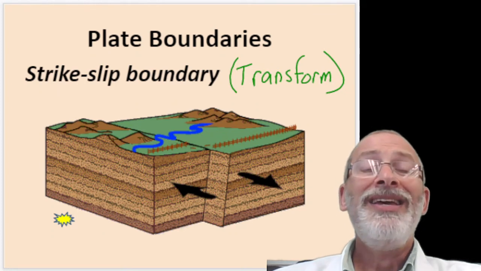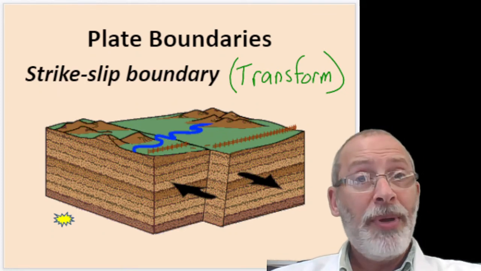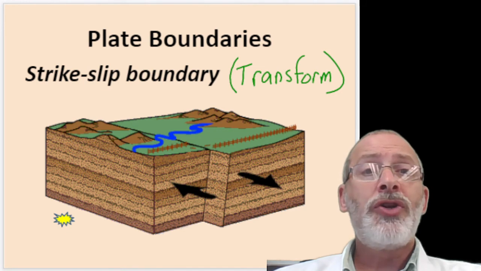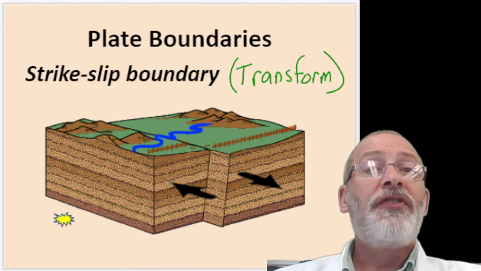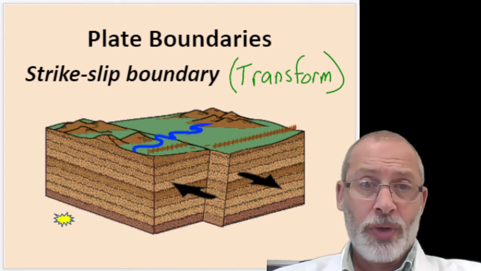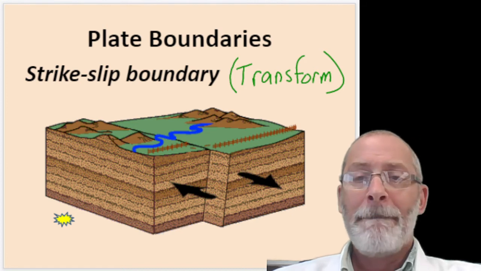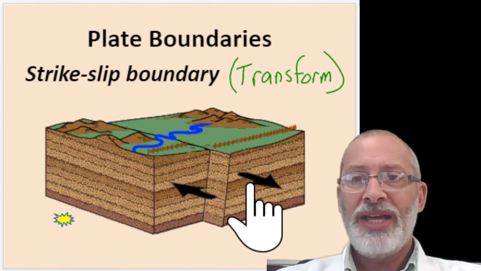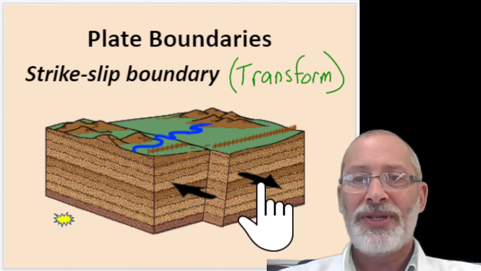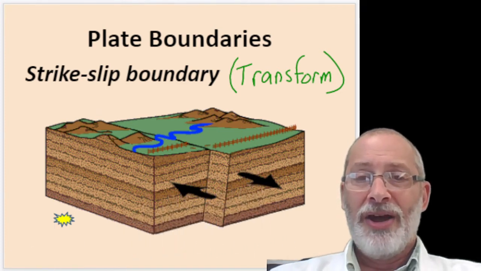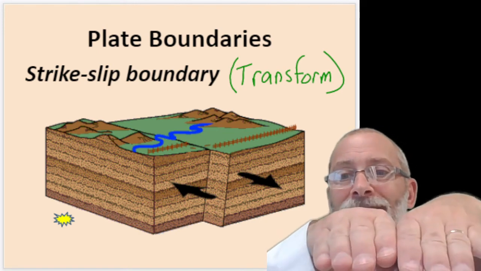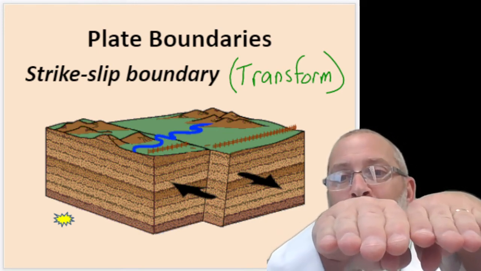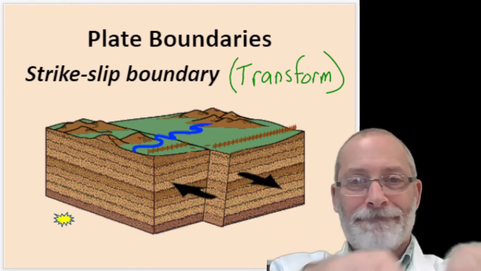These are called strike slip boundaries, also known as transform boundaries. We're going to call them strike slip boundaries. And notice the arrows here. Notice the arrows are going in opposite directions, but they are next to one another, moving in opposite directions.